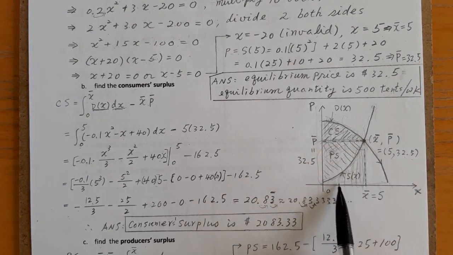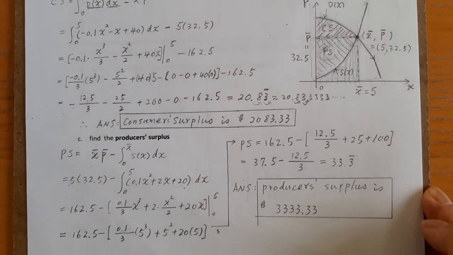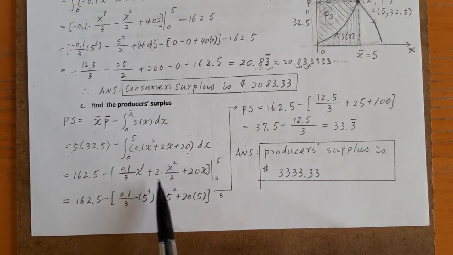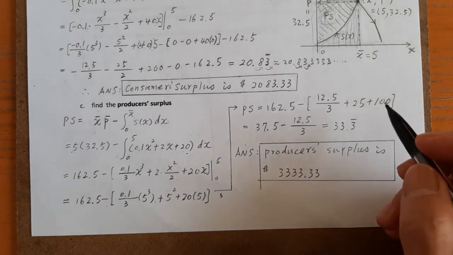Then you subtract this and get the producer surplus. So then you take the integral and subtract, and you get a surplus of 33.3.